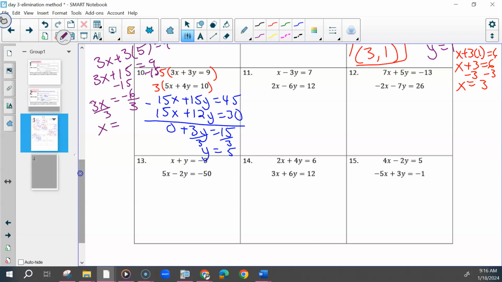What did we get for our x value? You didn't use my equation. That's okay, as long as you use one of them. -2. And then that ordered pair will be -2.